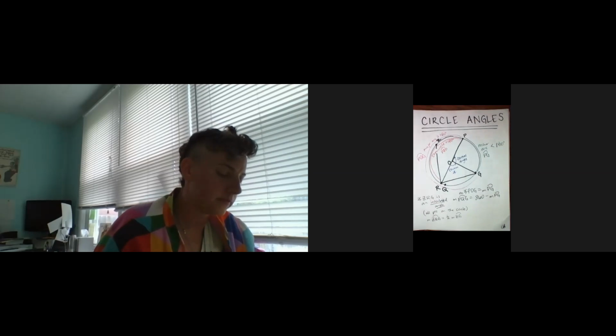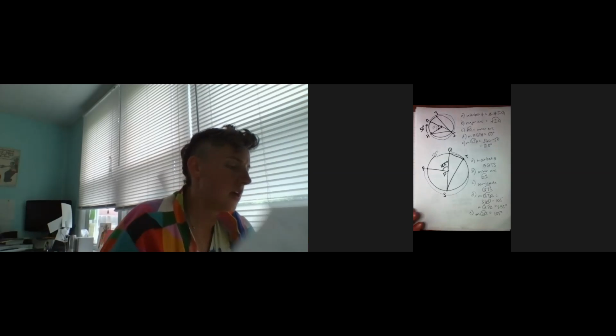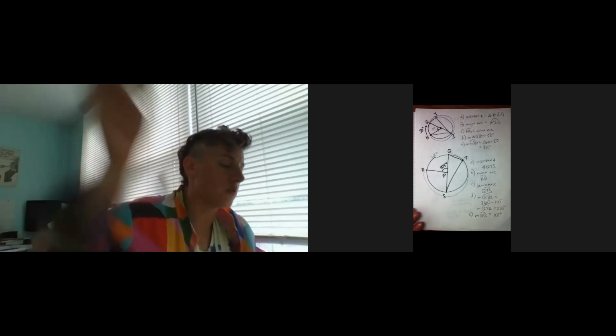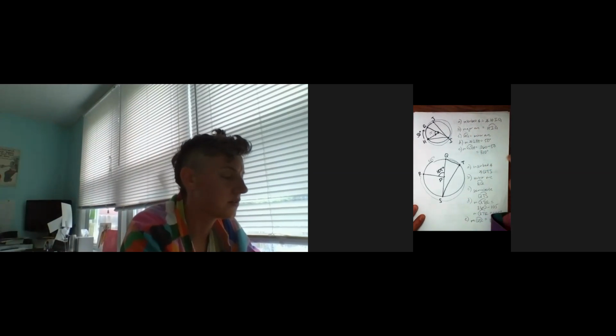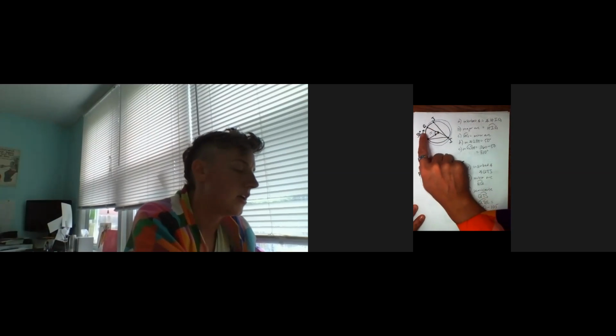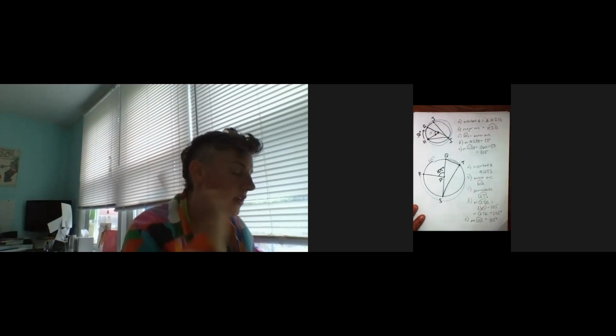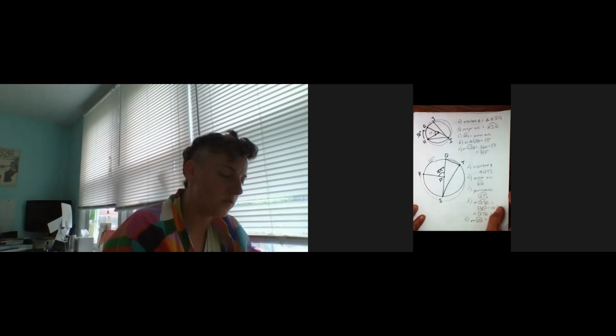Major arc is 360 minus the minor arc, assuming we know the minor arc. Then we did some examples. We found some inscribed angles, some major arcs, some minor arcs, and some measures of central angles, which was cool.